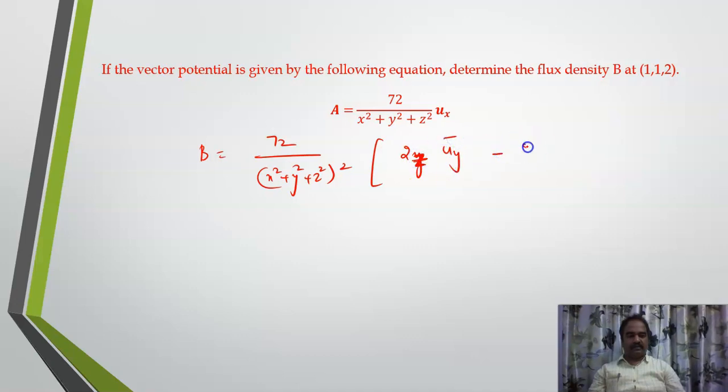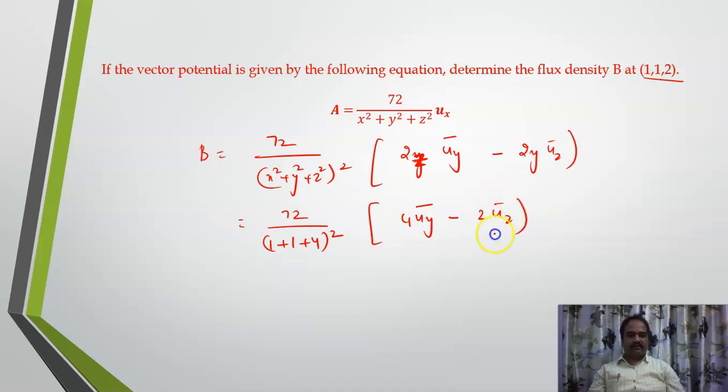Okay, so if I substitute the values of 1, 1 and 2, this will become 1 plus 1 plus 4 whole square, into this will become 4 uy bar, and this will become 2 uz bar. So this is 6 square, 36, 36, 72. If you do it, you will get the answer.